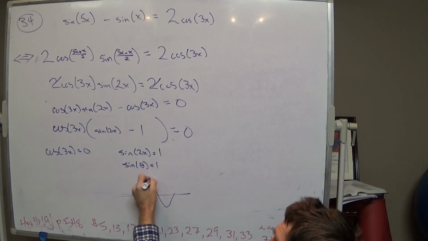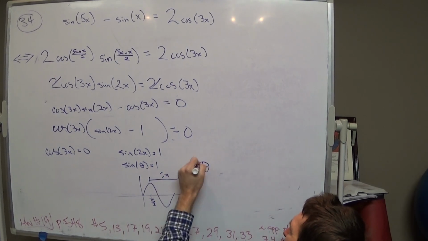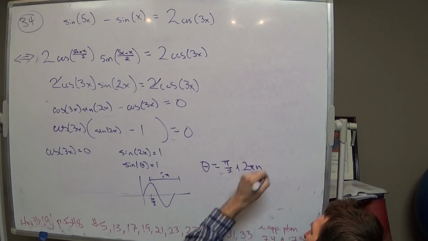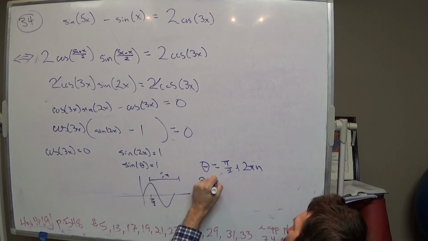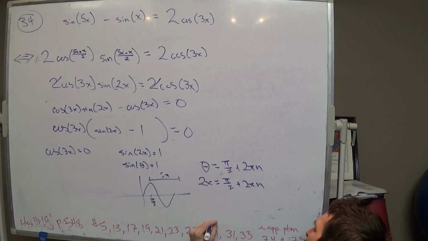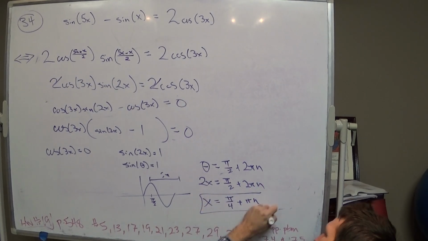So we're finding all of them, not just the ones in one period. So this would be that theta is pi over 2 plus 2 pi n. But we don't care about theta, we care about 2x. So 2x equals pi over 2 plus 2 pi n. Divide through, and we get pi over 4 plus pi n.